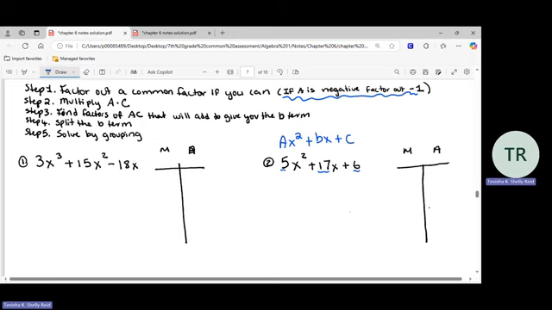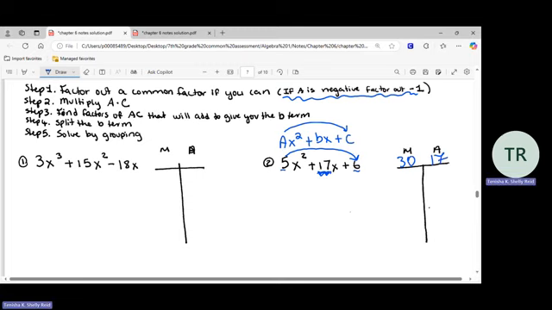When we factor, we have to multiply the A times the C term first. So 5 times 6 gives us 30. I want to find two numbers that multiply to give us 30, but add to give us the middle term, which is B, 17.